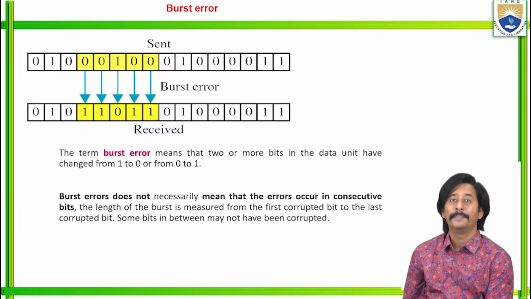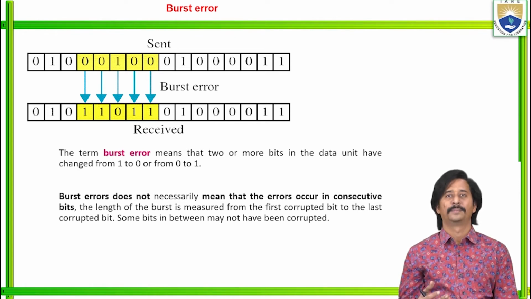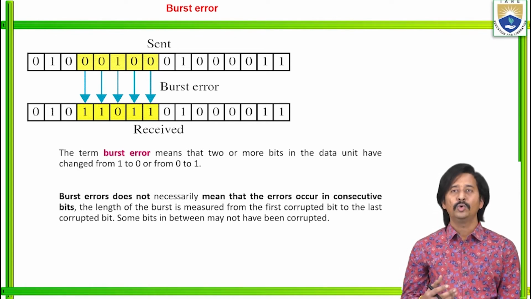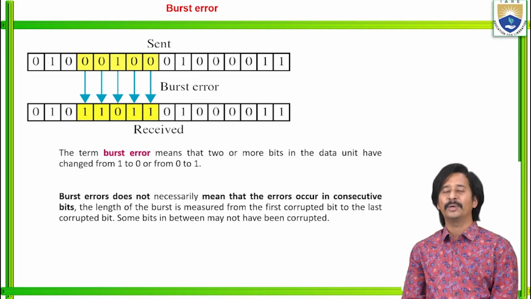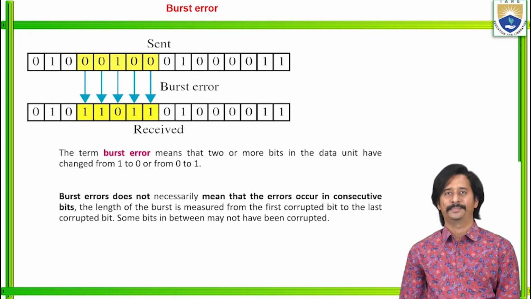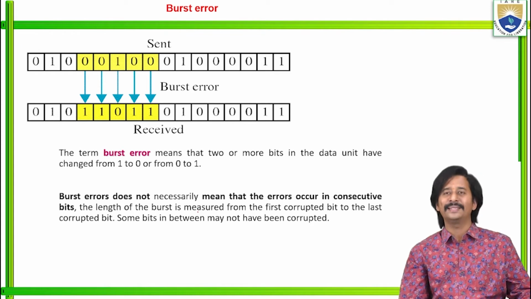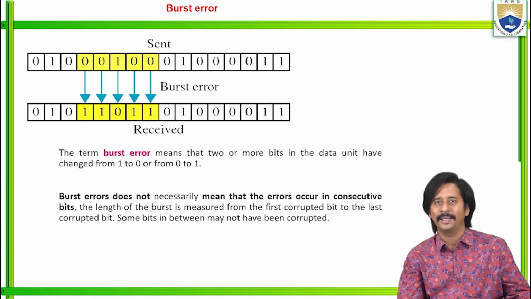Then third one, burst error. You know the term burst means 2 or more bits in the data unit have changed from 1 to 0 or from 0 to 1. So see here, burst errors don't necessarily mean that errors occur in consecutive bits.